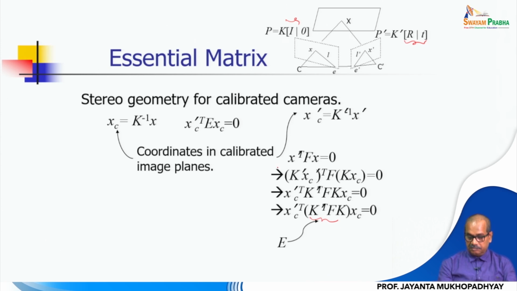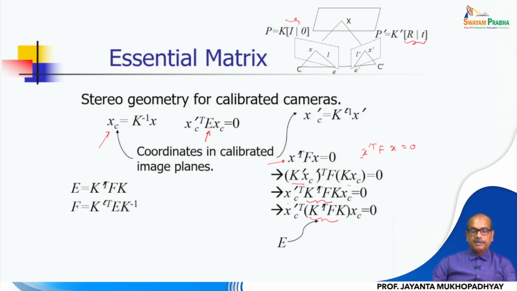In the uncalibrated image coordinate system, you express the usual notation x prime transpose F x equals 0. Now x prime is K prime xc prime and x is K xc. So xc prime transpose K prime transpose F K xc equals 0, and this is the definition of the essential matrix. This is the relationship between them. Similarly, from the fundamental matrix you can get the essential matrix if you know those calibration matrices.